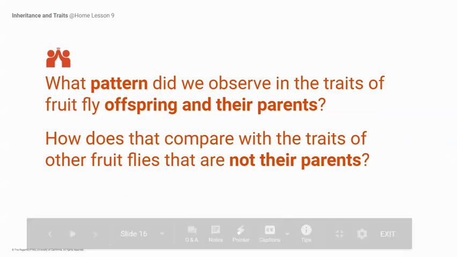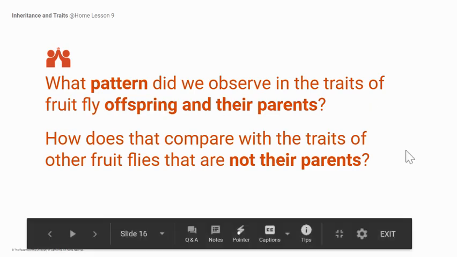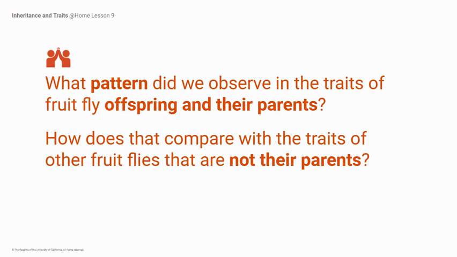And what pattern did you observe in the traits of fruit fly offspring and their parents? So this is big picture. When you relate offspring and their parents, what do you realize or see when you look at both of the parents? Because often there are two. And how does that compare with the traits of other fruit flies that are not their parents, which is exactly what we were just doing.